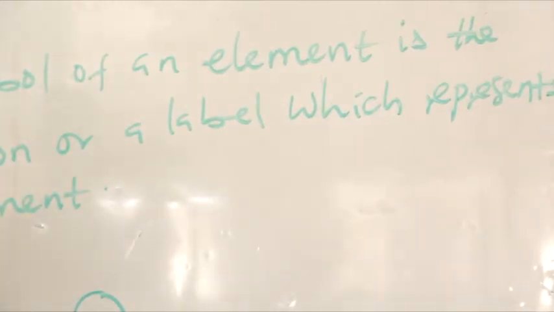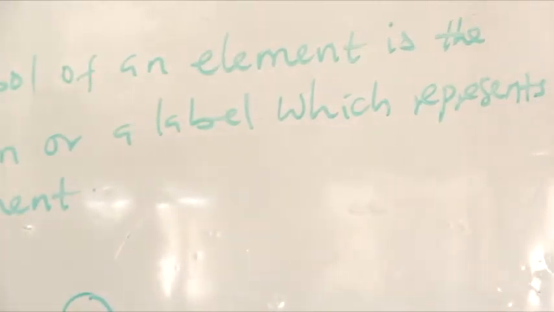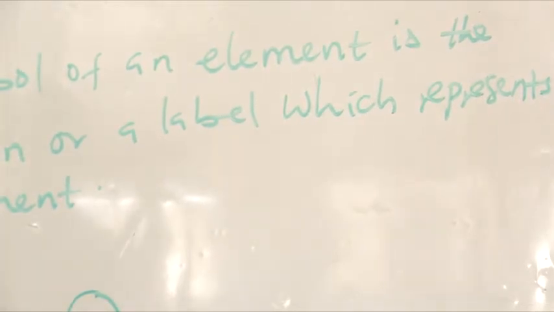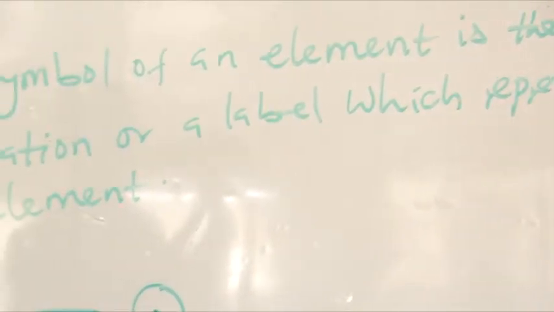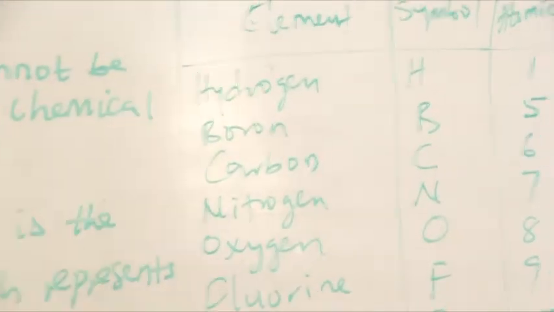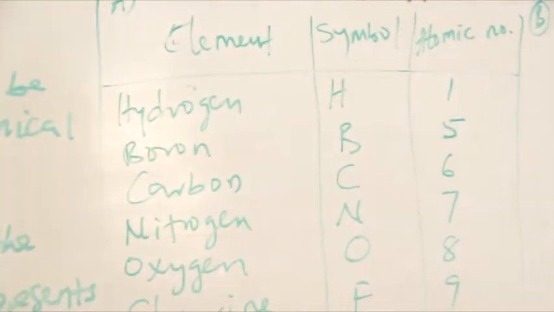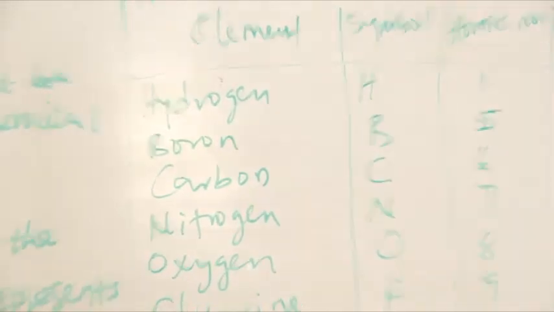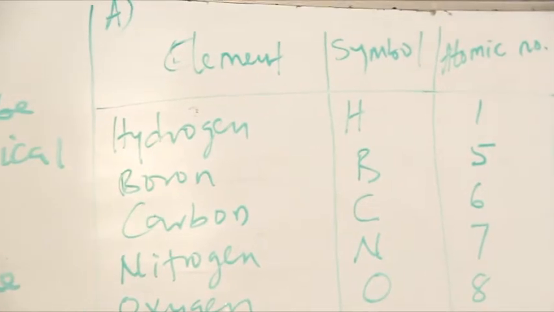Thus, Berzelius divided the elements into 4 categories. The first category, I can call it the A category, were those elements whose symbols were derived from the first letter of their names.